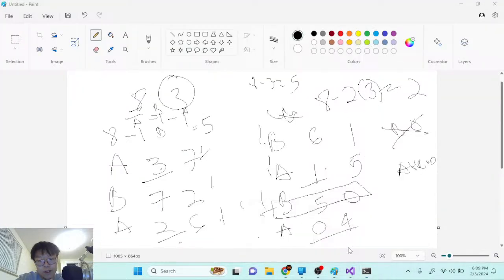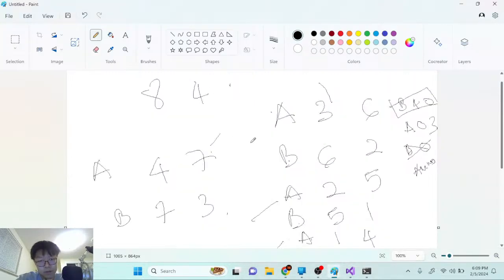So that's another case. No matter what happens, it will always be Bob's turn, even if it's odd or even, because this was even. And in the end, if we subtract 4 on both sides, it still gets to Bob's turn.